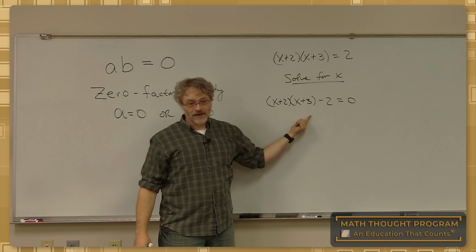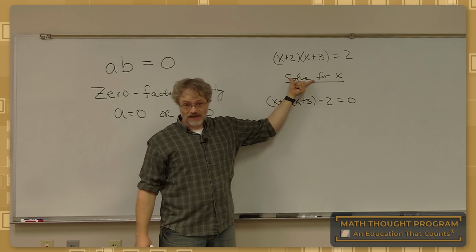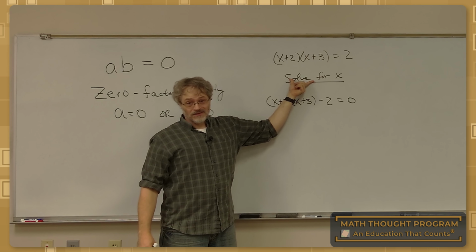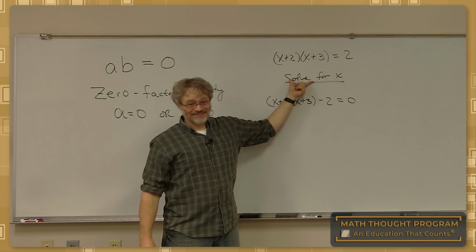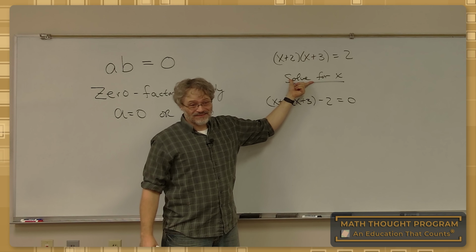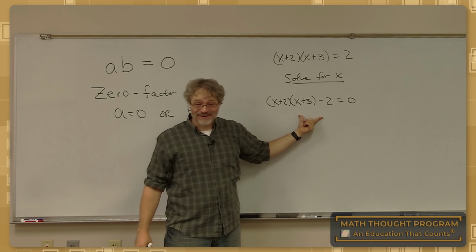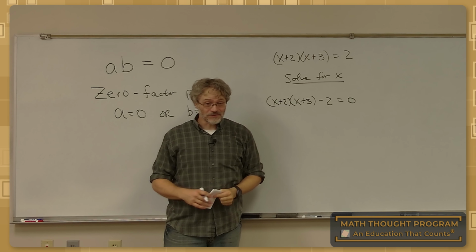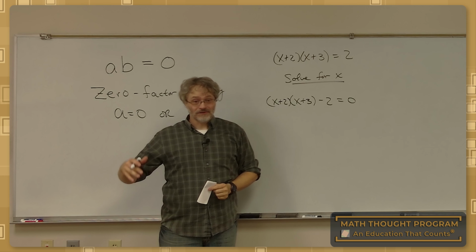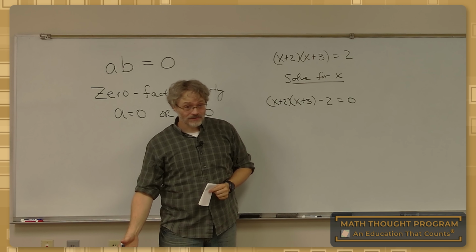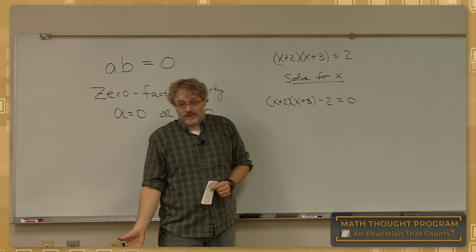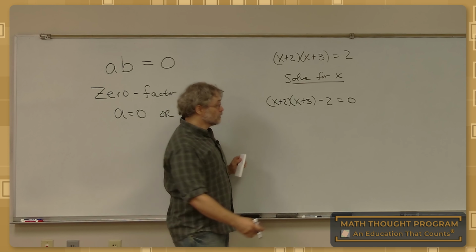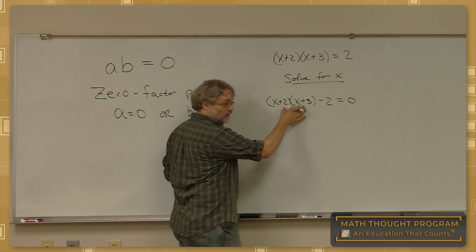I no longer have the other side being factored. So what does that mean? Well, I'm going to have to factor the side. Otherwise, I can't use the 0 property.